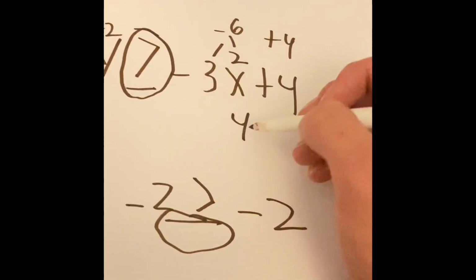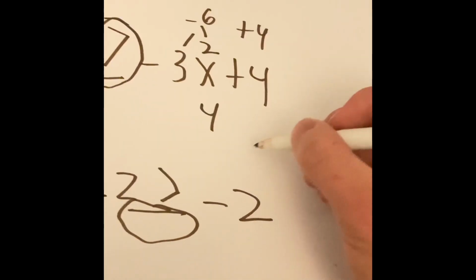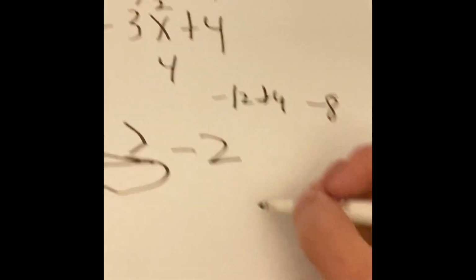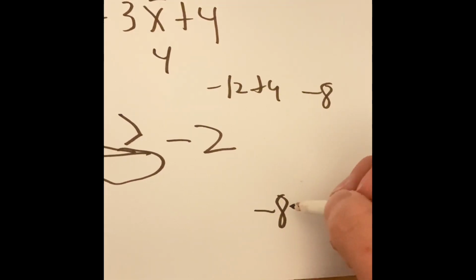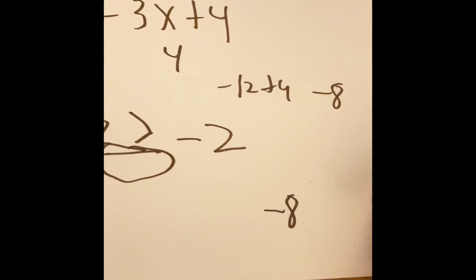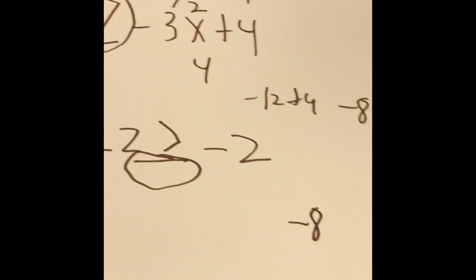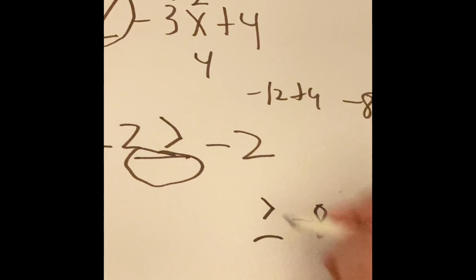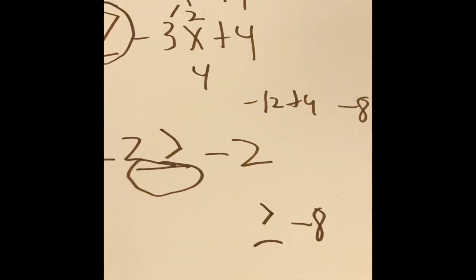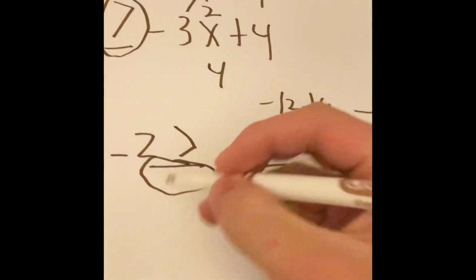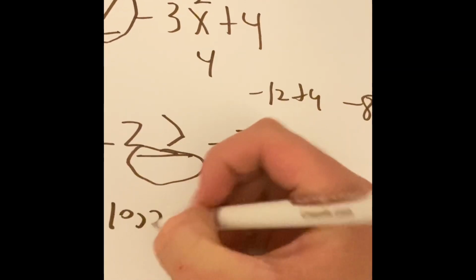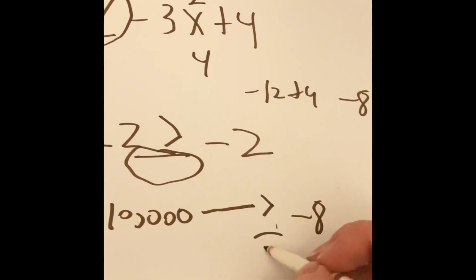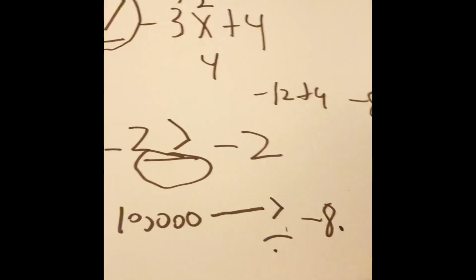So, -3 times 4 is going to be -12. Plus 4 is going to be -8. But since we got -8 as the right side of the equation, this equation's not going to be very rigid. What we get for y has to be greater or equal to -8. So since we want to go extreme and have a lot of fun with this, we're going to go 10,000 because that is definitely greater or equal to -8.